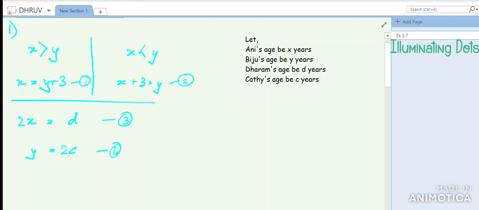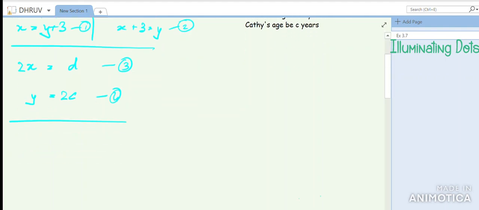Now the third part. It says the ages of Kethi and Dharam differ by 30 years. So naturally Dharam is the elder one, so D minus C is equal to 30.